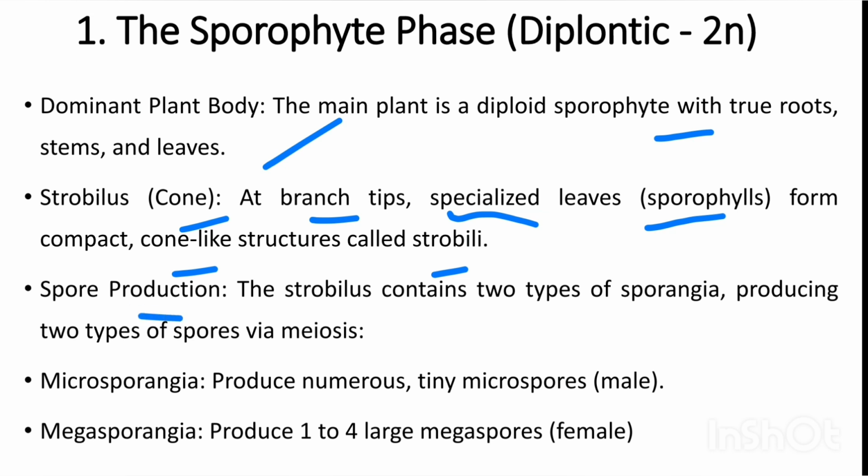Spore production: the strobilus contains two types of sporangia, that means spore sacs. Microsporangia, which produce microspores, and megasporangia, which produce megaspores.